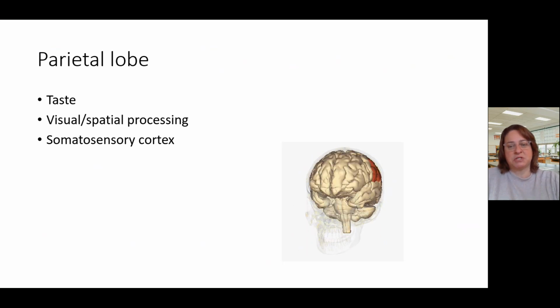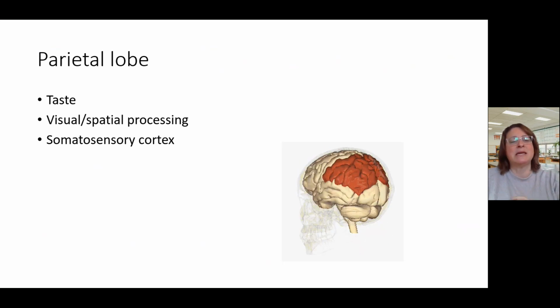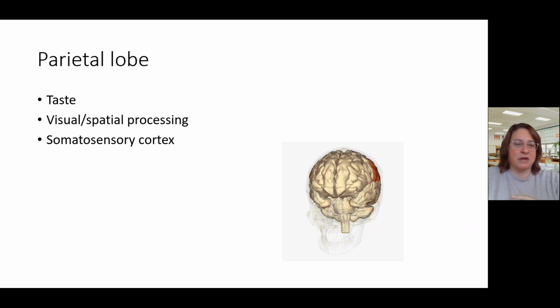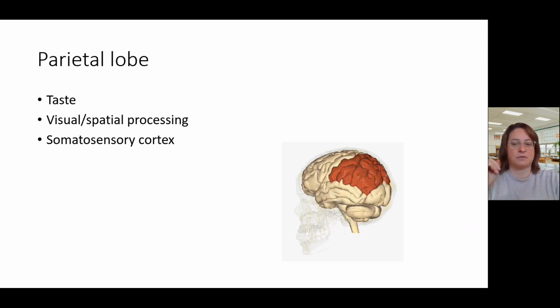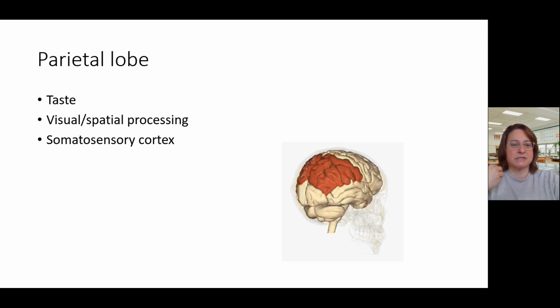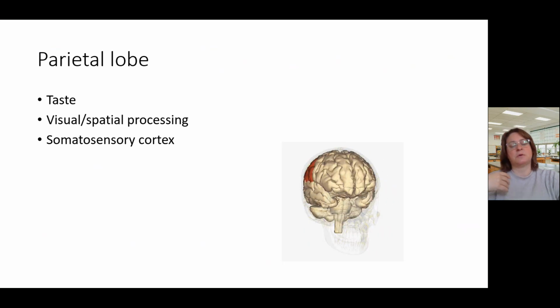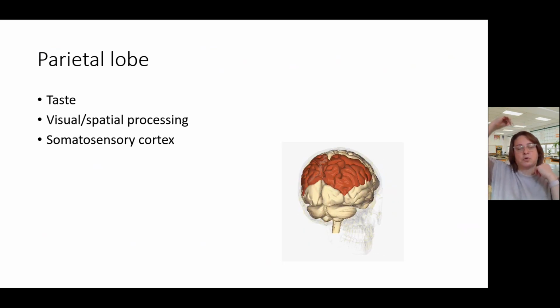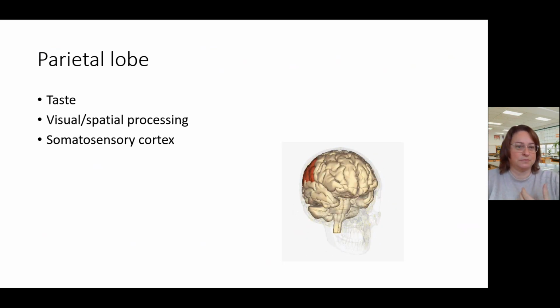You get the visual information in through the occipital lobe in the very back. However, the parietal lobe then makes meaning of that visual information, not just here's a light dot, here's a dark dot, here's a red, blue, green, whatever information, but actually making meaning of those pictures coming in. And you've got the somatosensory cortex, which is, again, a bit like the motor cortex, lying next to it across the top of your head.